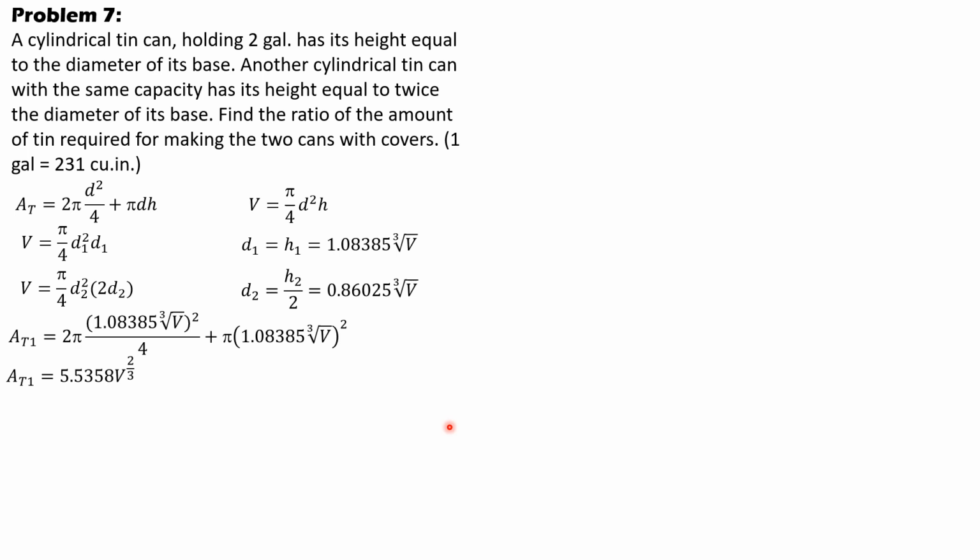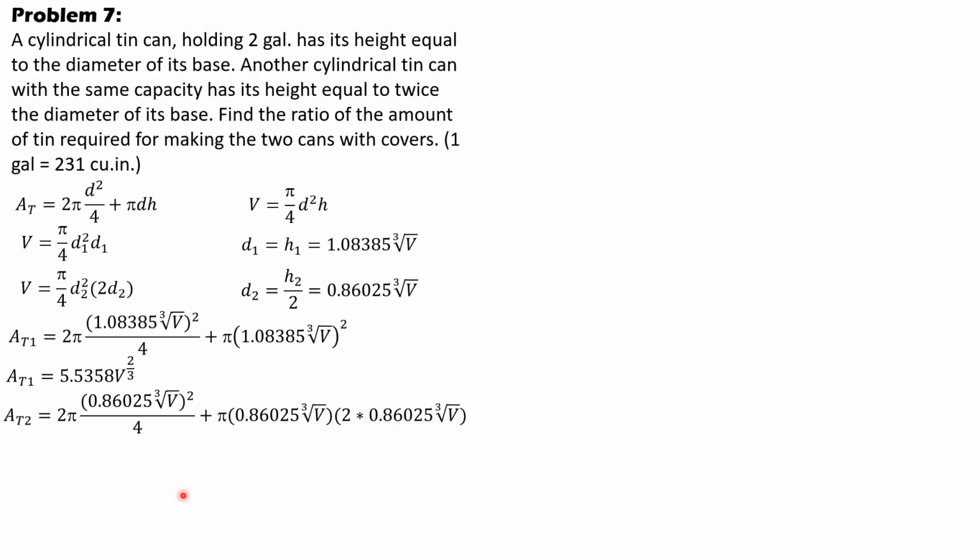For the second cylindrical tin can, total surface area is 2 pi, quantity 0.86025 cube root of V squared divided by 4, plus pi times 0.86025 cube root of V. That's the diameter. This is the altitude, 2 times the diameter.